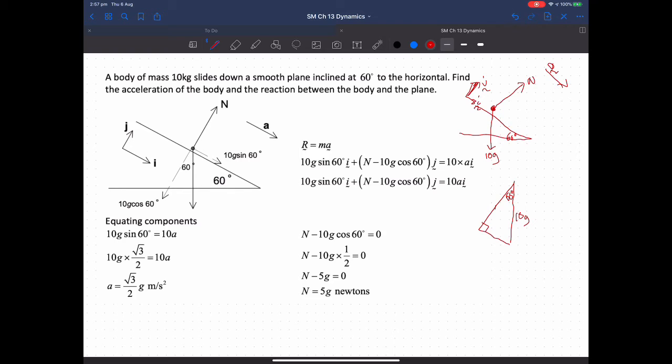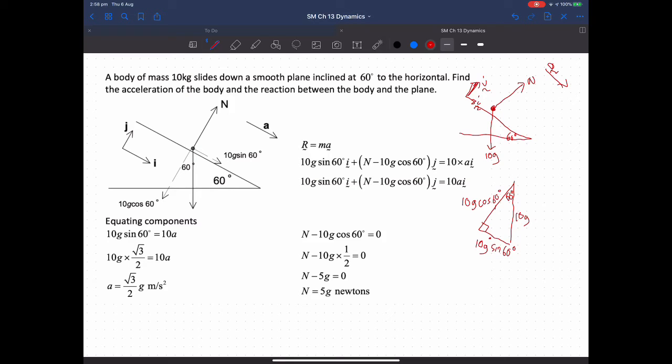What I have is a right angle triangle, and I can use the same relationship as I've used before. Considering the opposite side involves sine. The opposite side will be 10g sine 60 degrees. The adjacent side then will be 10g cos 60 degrees.